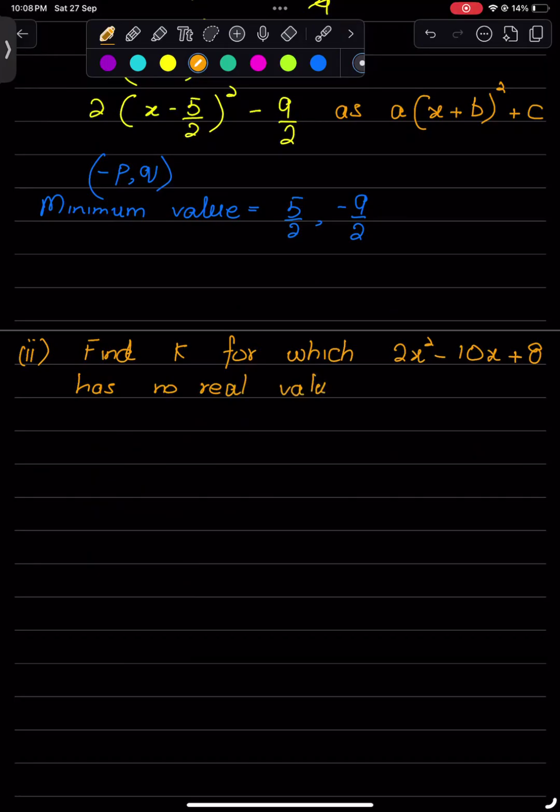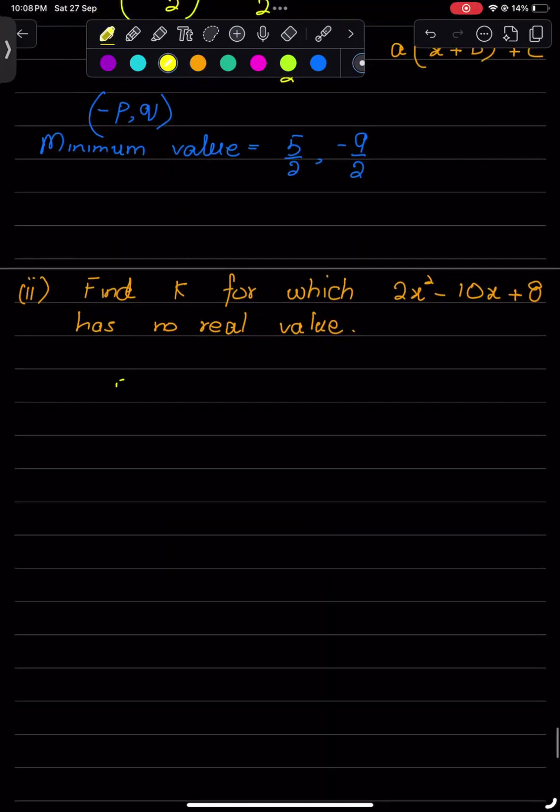So it is 2x squared minus 10x plus 8. No real roots, b squared minus 4ac less than 0. Please solve this question.